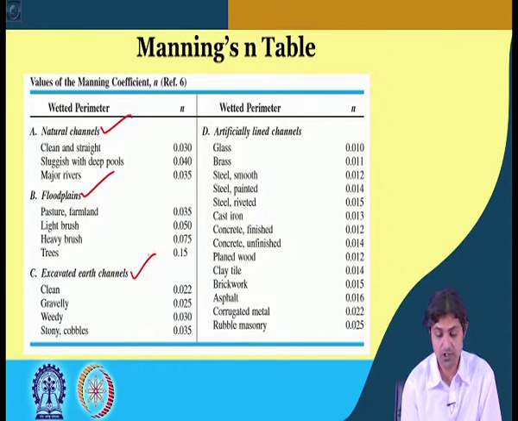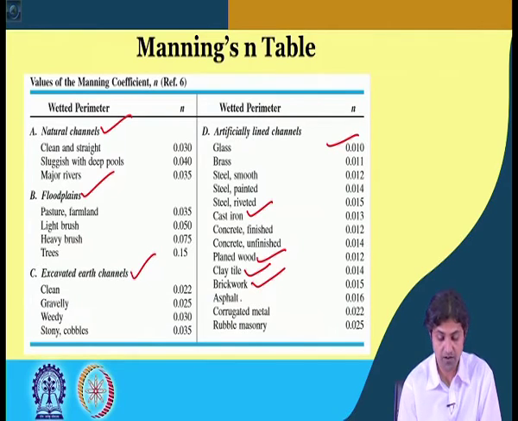For glass, n is very less, 0.010, brass is 0.011. If there is a cast iron, if there is a wood, for the clay tile it is 0.014, for brickwork. So, what normally you do is, you look at these tables and find out the value of n.